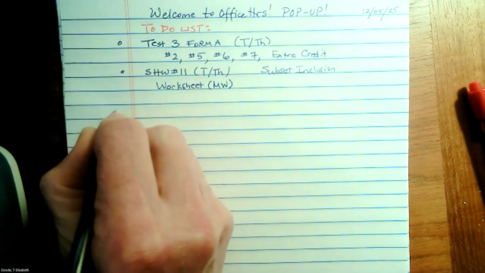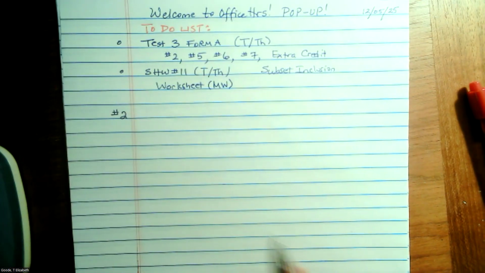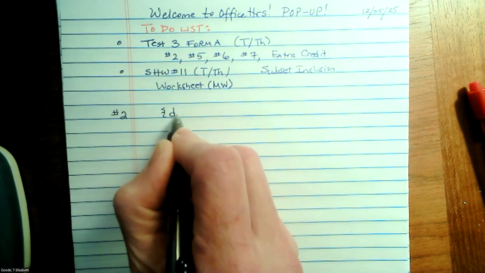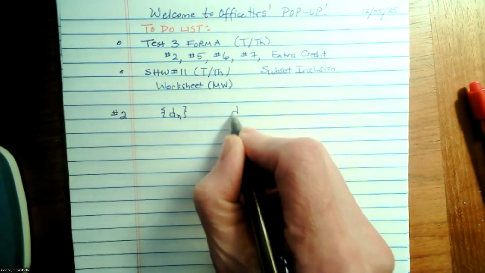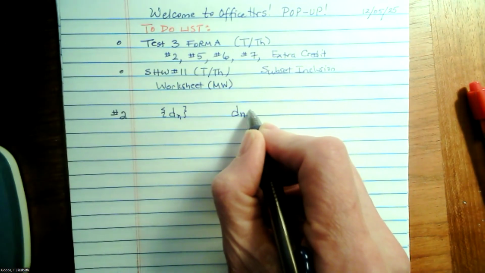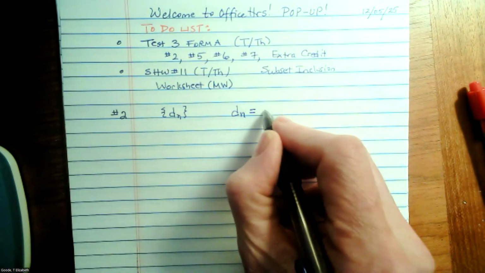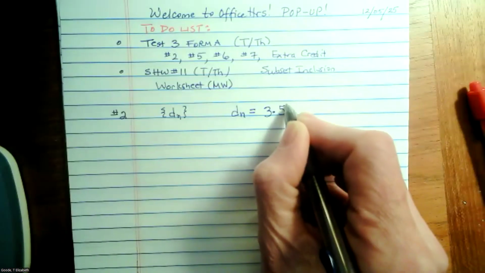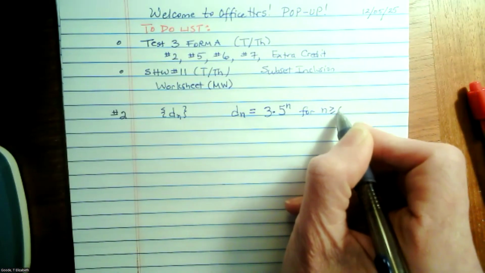So number two was one of these questions about proving a recurrence relation. So we have a sequence D sub n, and the formula for D sub n is that the term D sub n is 3 times 5 raised to the n for n greater than or equal to 0.